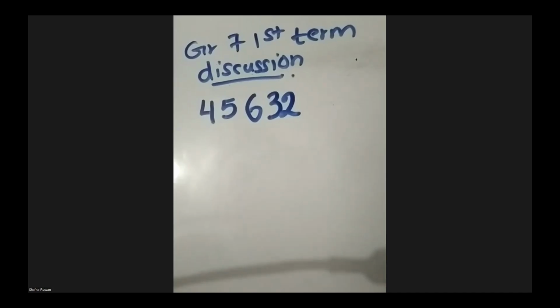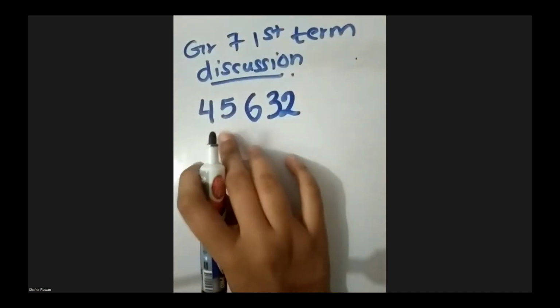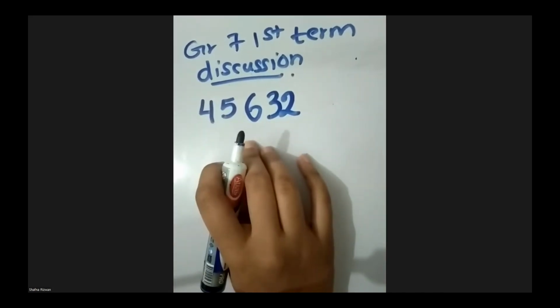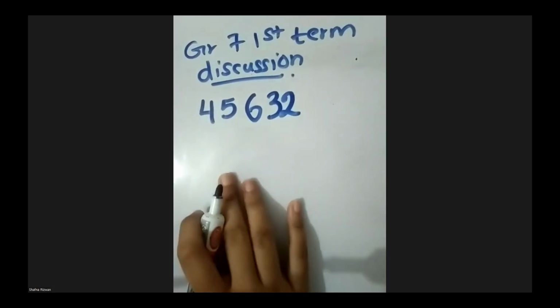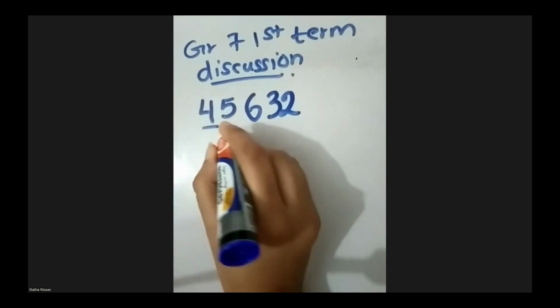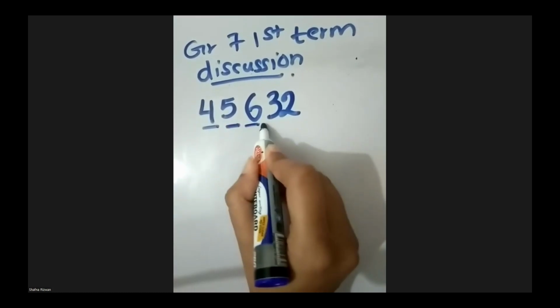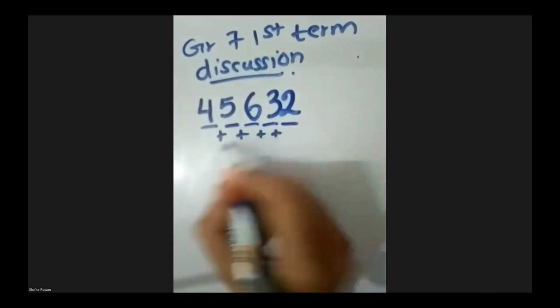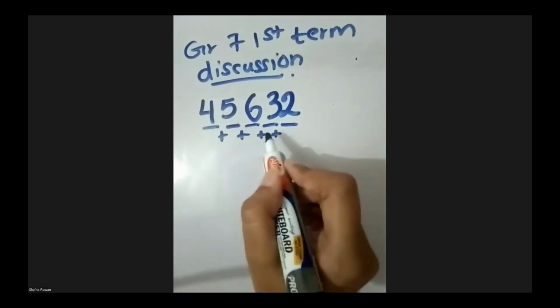Now see here, 45,632. How can you find the digital root of this? Always remember, when you take a digital root, you have to see all the digits they have given you here, and add all the digits together.